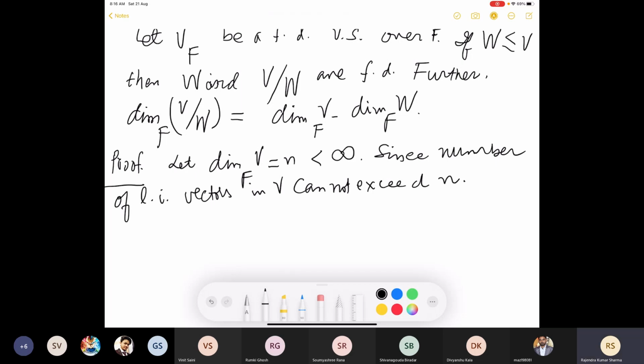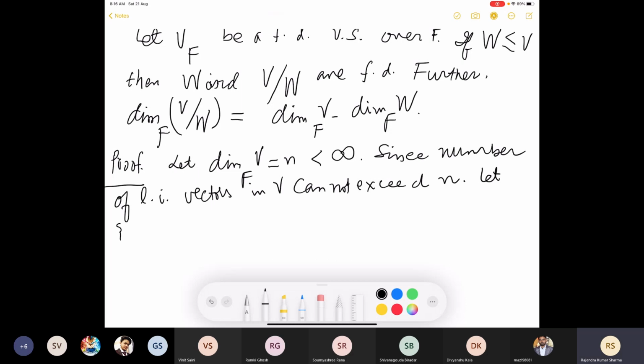So we can find out, let the largest linearly independent set of vectors have m number of elements.